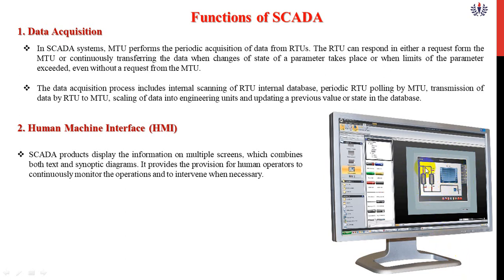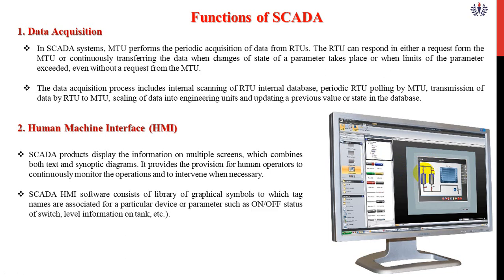If any mistake or problem happens in the cylinder, it will immediately be displayed. Based upon the display information and alarm, a person can easily identify the mistake. That is nothing but continuous monitoring. For each and every second we have to monitor it. That is nothing but the human machine interface.